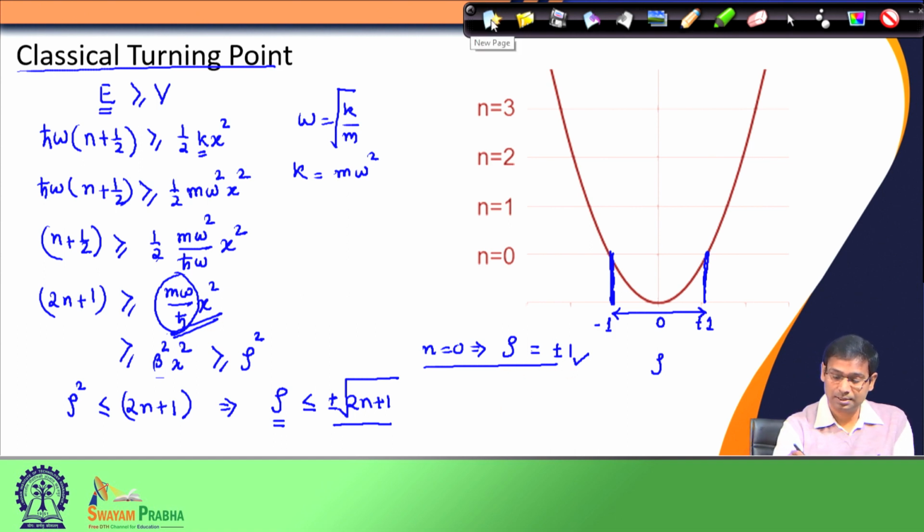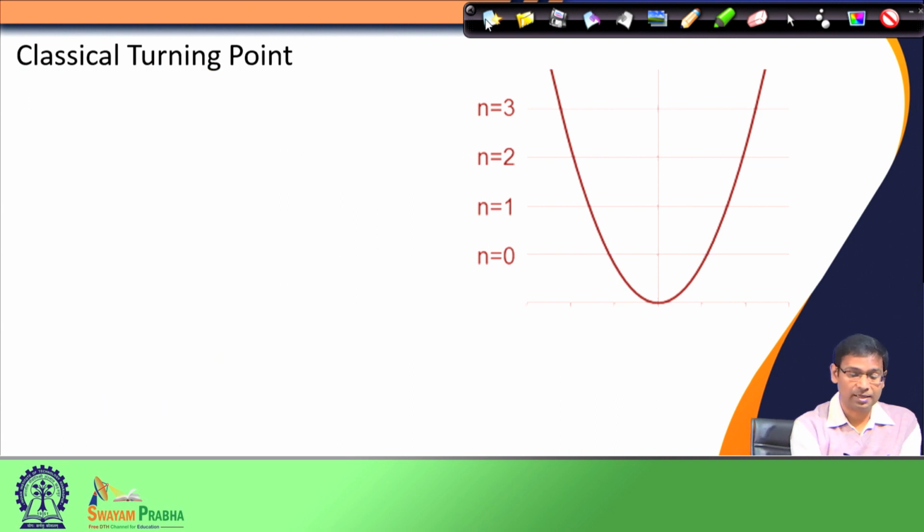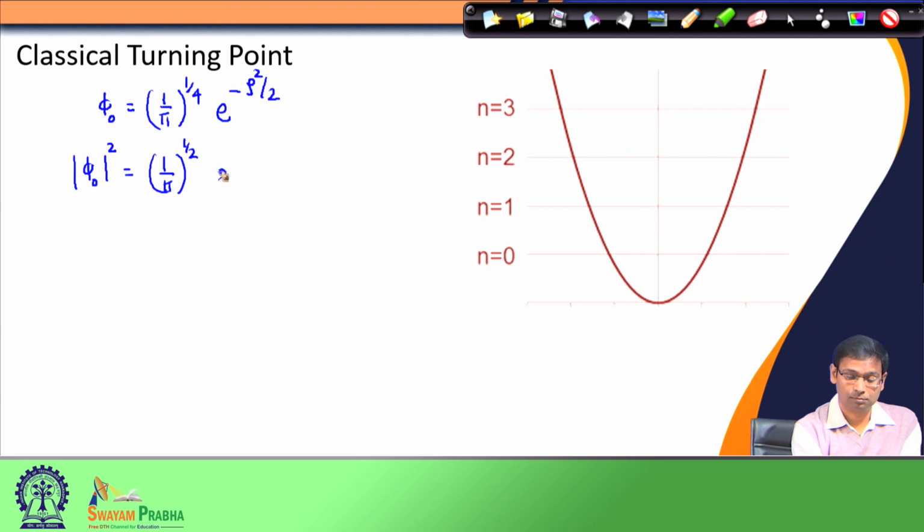So, let us write now the functional form of the lowest eigenfunction of the harmonic oscillator. This was 1 over pi to the power one-fourth, the normalization constant, times e to the power minus rho square by 2. The probability density was the square of this.